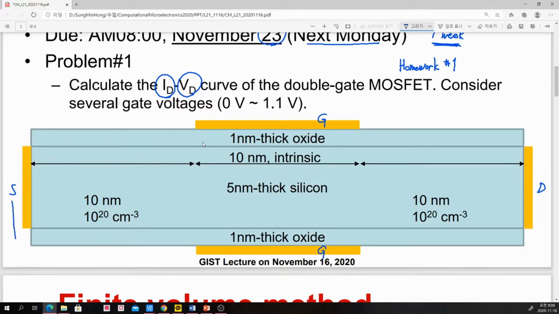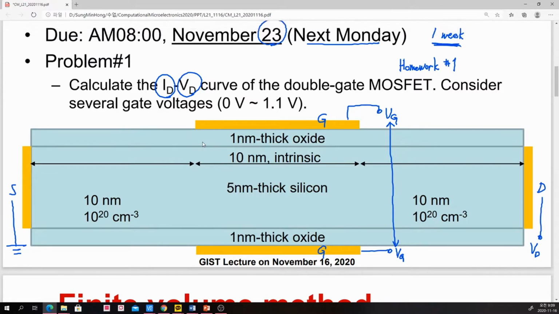Of course, the source is grounded and you apply a certain bias voltage to the drain and also your gate. These two gates are tied together, so the same bias voltage is applied to this device. When you calculate the ID versus VD curve, please consider several gate voltages from 0 volt to 1.1 volt.